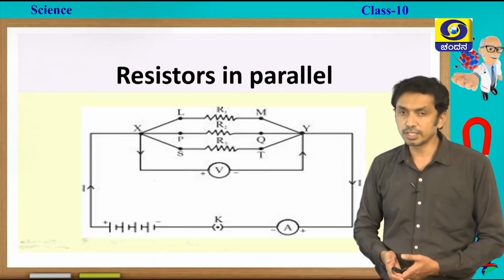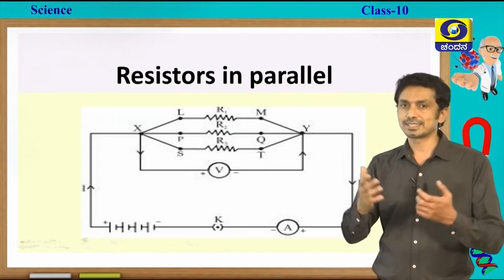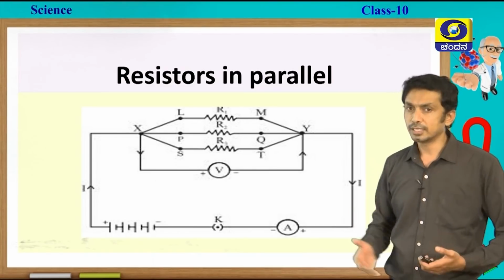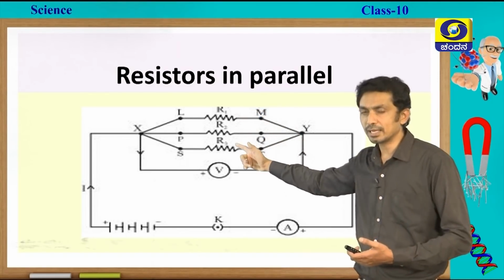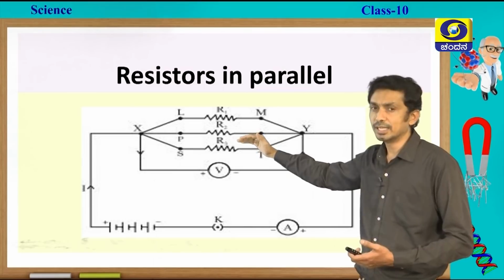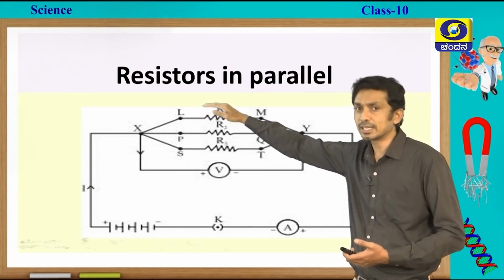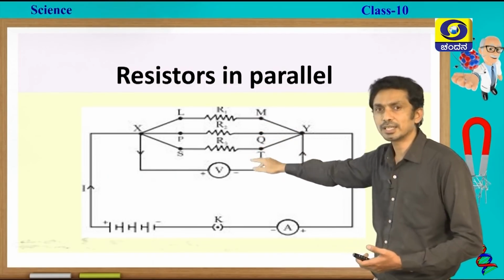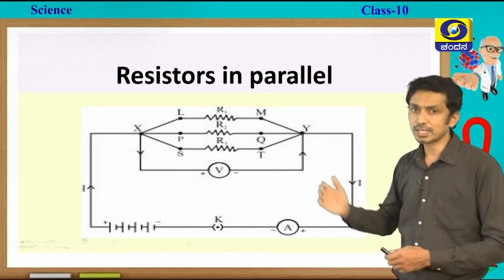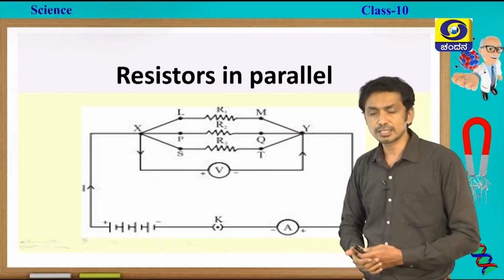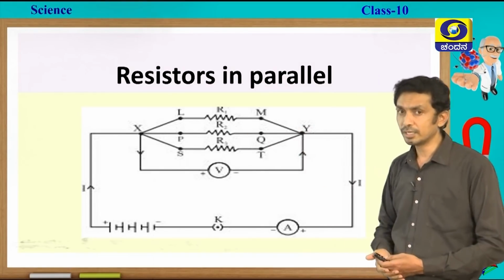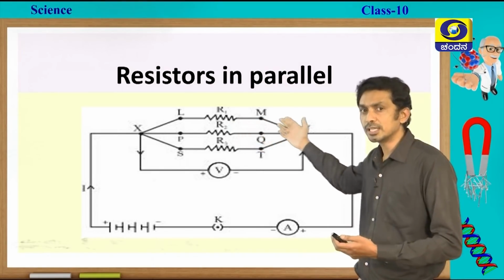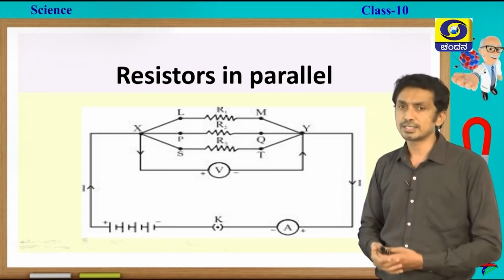So children, what did you learn through this activity? Yes, you are right. You learned that when we connect the resistors in parallel, that means one below the other, the electrical current that is flowing also changes in each resistor. It was unlike the case of resistors in series, where the electrical current was the same in all the resistors.